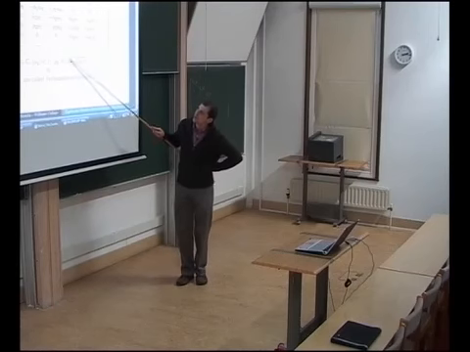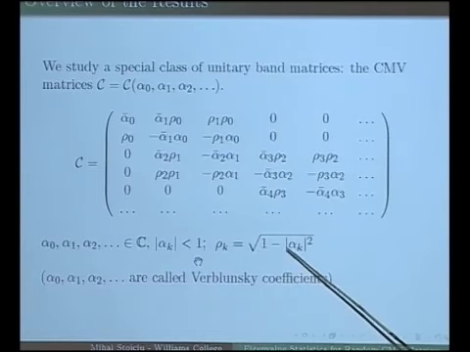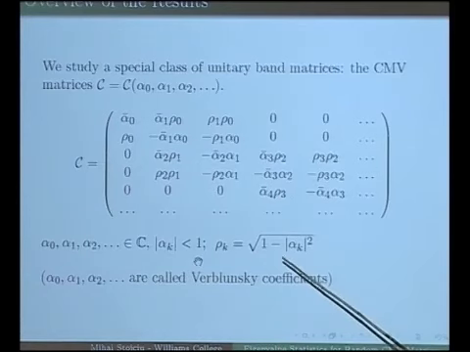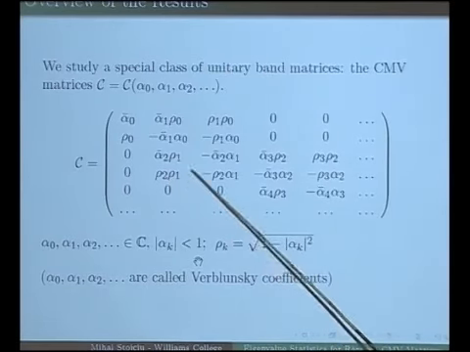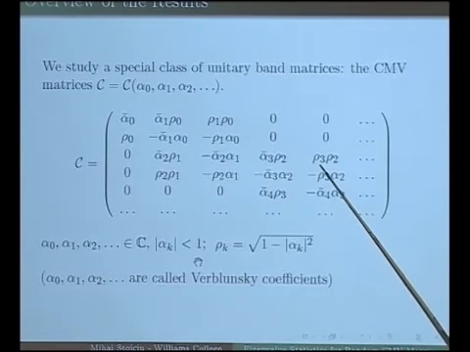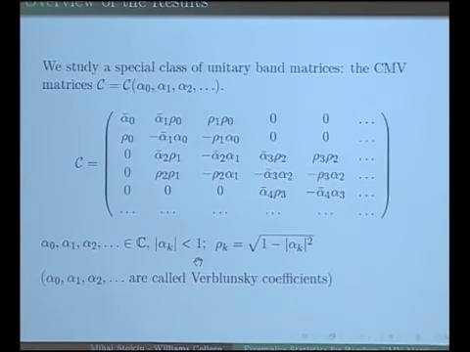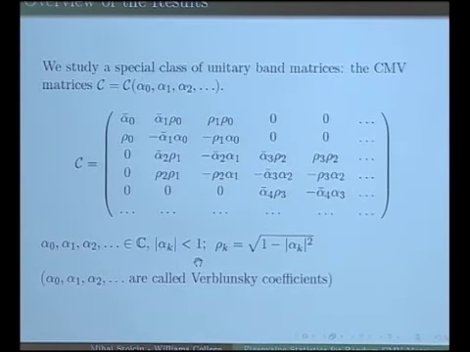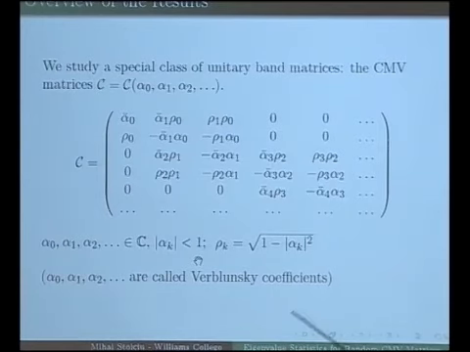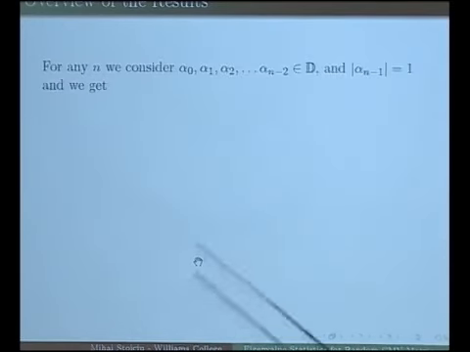Exactly, yes. Basically it's like imposing a boundary condition. You see, there's this rho k, which is the square root of 1 minus the absolute value of alpha k squared. If we force, for example, alpha 2 to have absolute value 1, then rho 2 will be 0. And you see here, rho 2 appears here, here, here, and here.